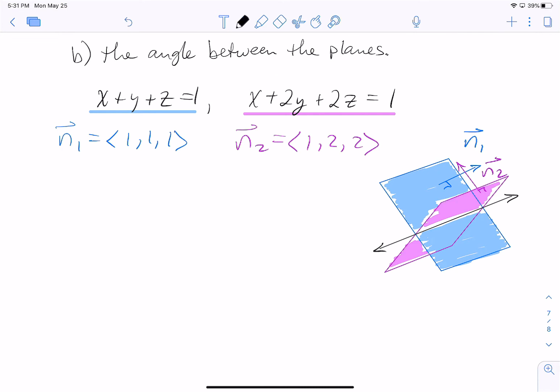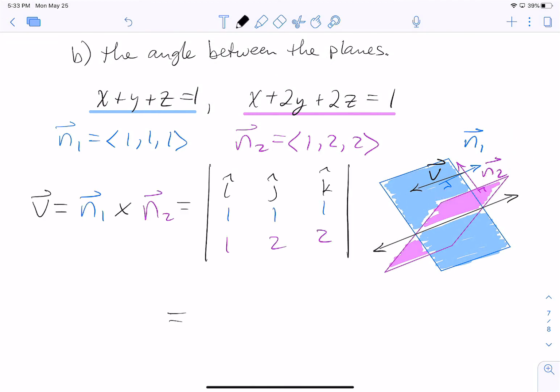Here we go. If we form the cross product of n1 and n2, then we're going to get a vector v that's orthogonal to both of them. And because each vector is independently perpendicular to its own plane, each of those vectors is also perpendicular to the line L. Therefore, the direction vector for the line is given by n1 cross n2.